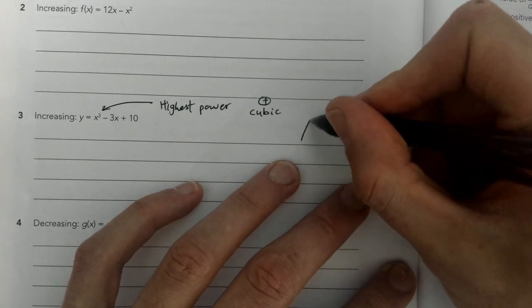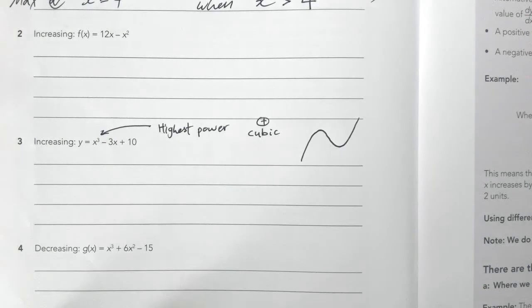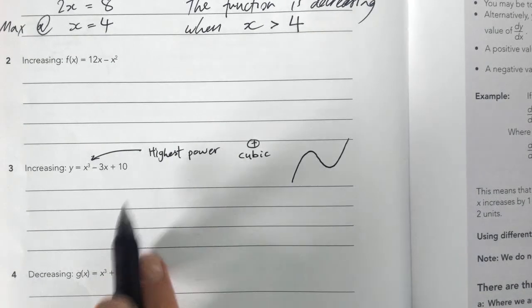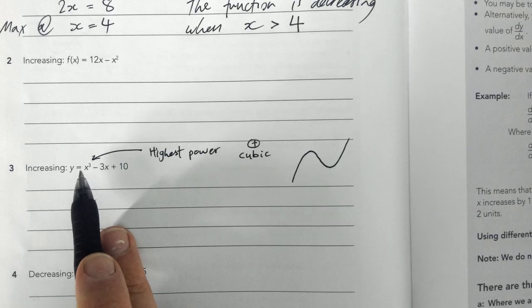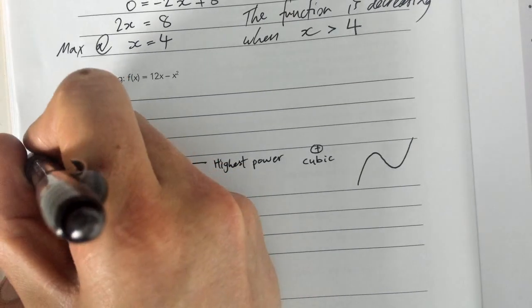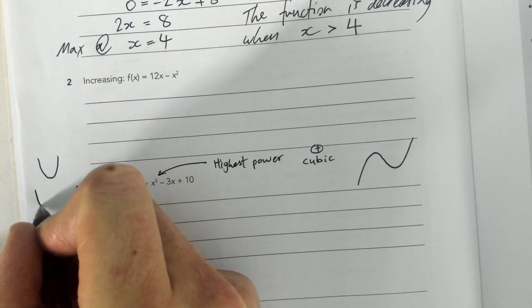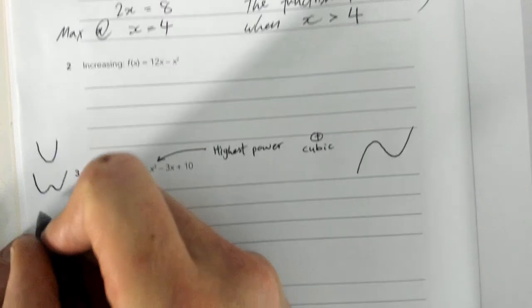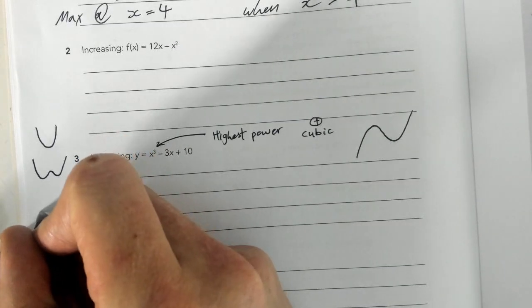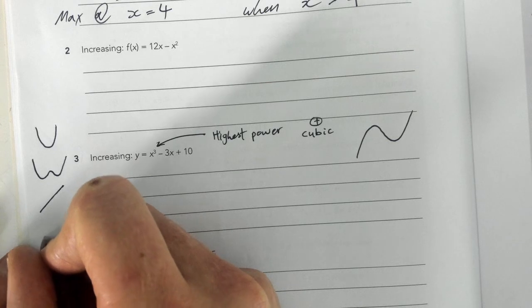So let's draw that. Now, how do we remember what a positive cubic looks like? Pretty much the way I remember is if it's any even power, it's going to be like a smiley if it's positive, right? So it's going to be that, sort of like a smiley, when it's an even power. But when it's an odd power, it's going to be things that are increasing in general. So the straight lines will look like that.